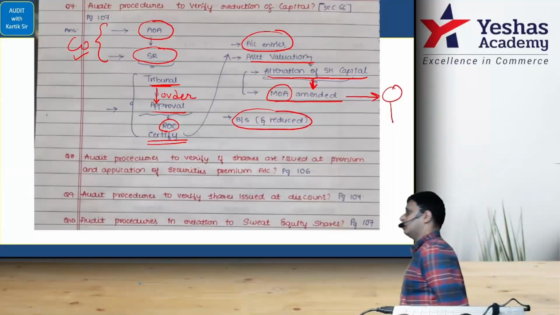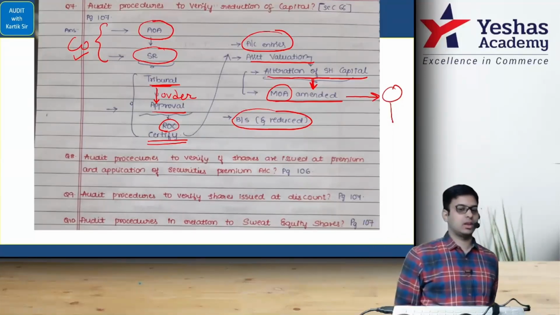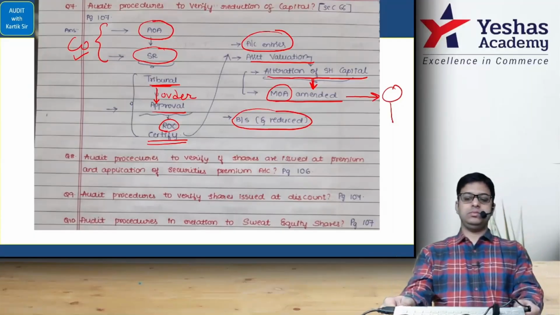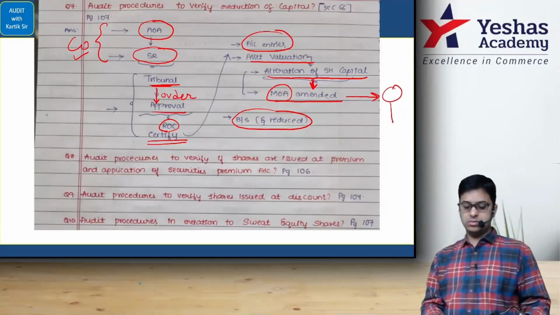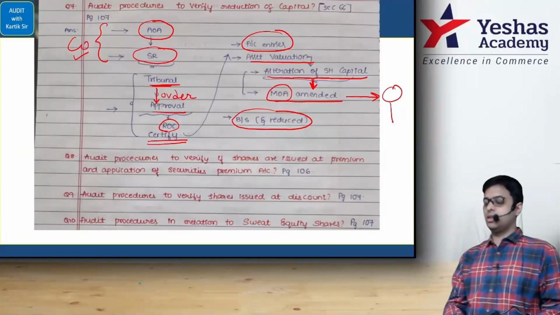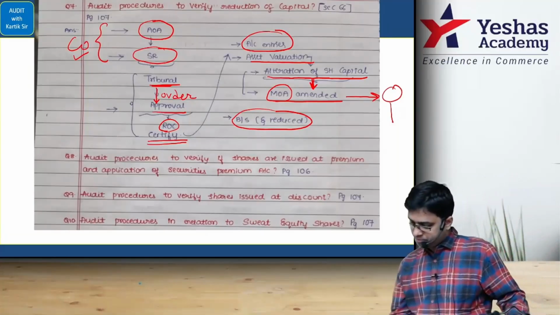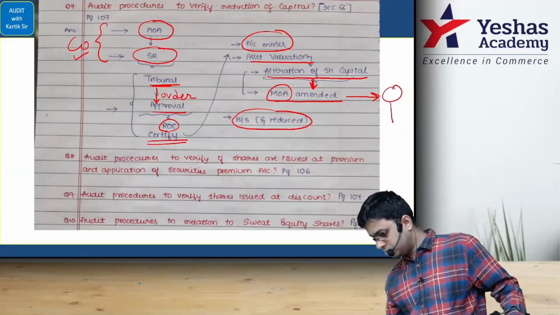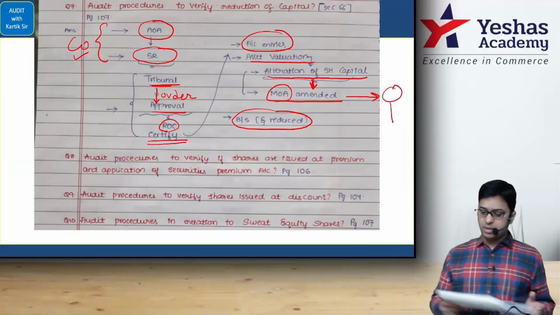Application of secondary premium. Can we clear till here? This is question number 8.